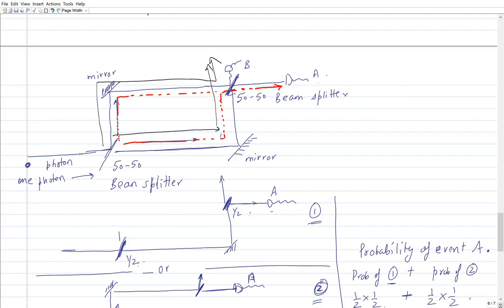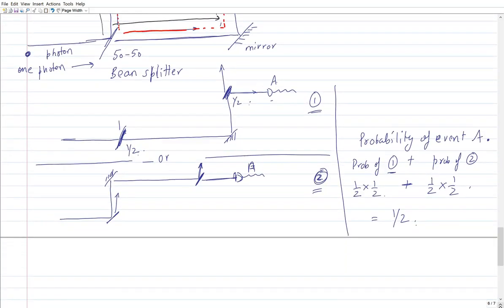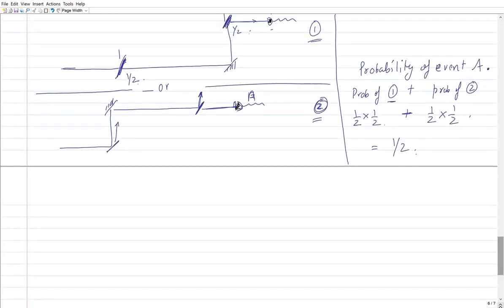Since either the photon is detected at A or B, if the probability for detector A to be clicked is half, then the probability of detector B being clicked is also half. So I hope everyone is happy so far.